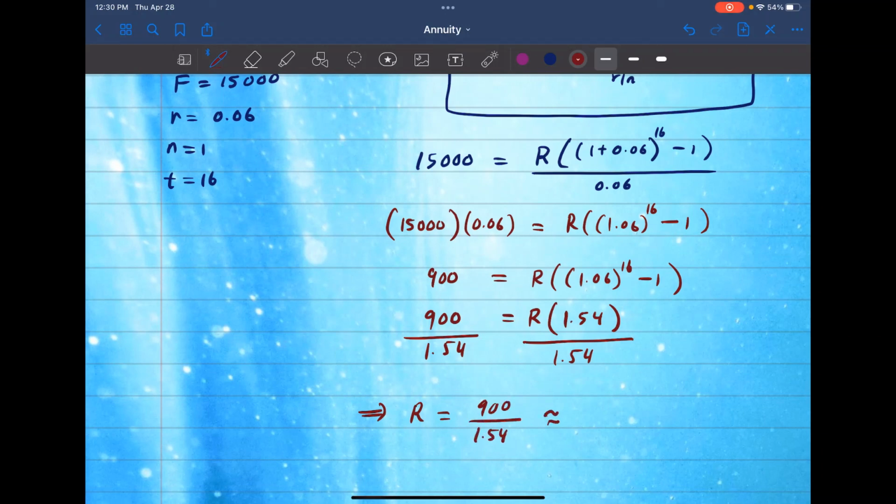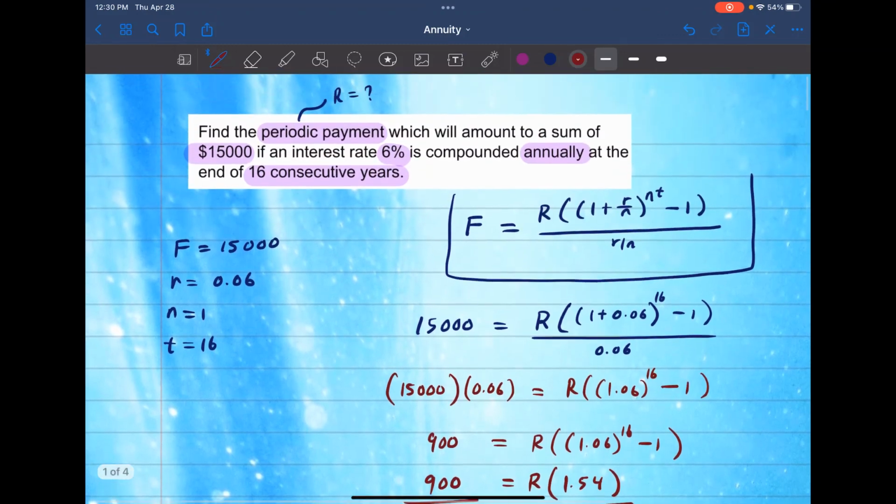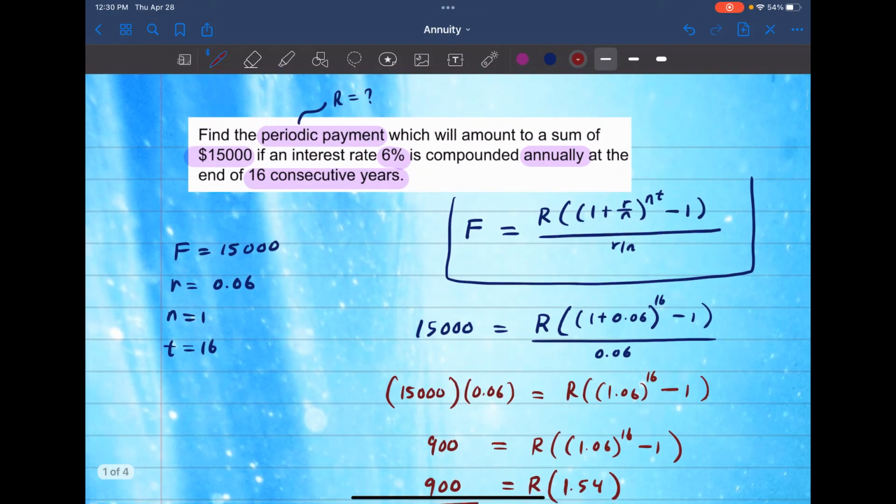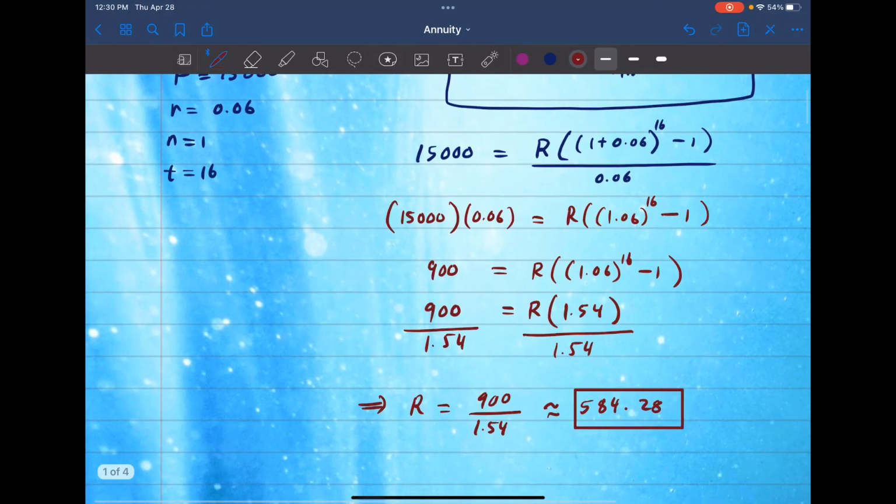And that's about $584.28. So that's the amount this individual would have to make in periodic payment to make it up to 15,000 at this given year. Right, so a little bit of manipulation with this formula. I hope this makes sense.